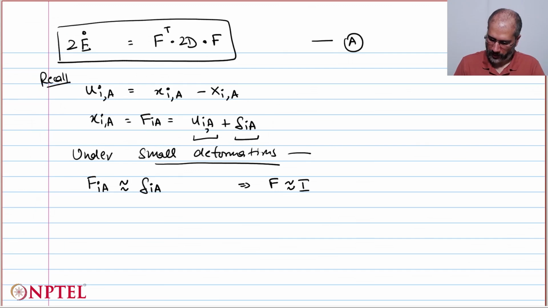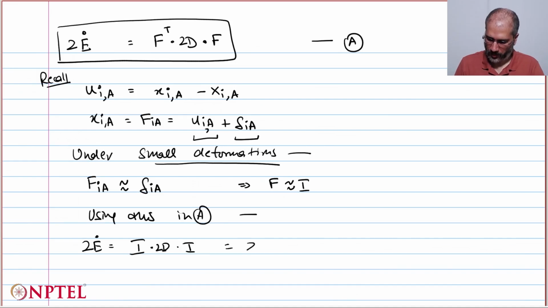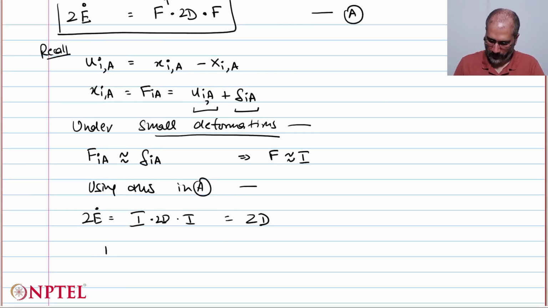So if we substitute this in A, what we get is twice of E dot is I times 2D times I, which simply is twice of D. So this gives us E dot is D. But we also know that under small deformations, our E becomes epsilon.